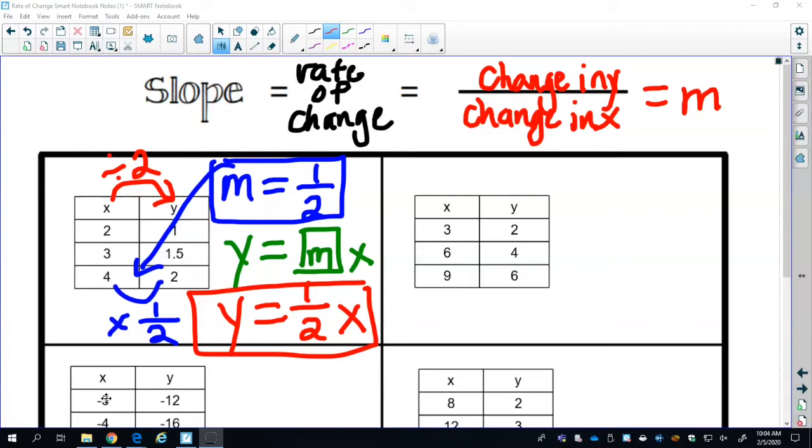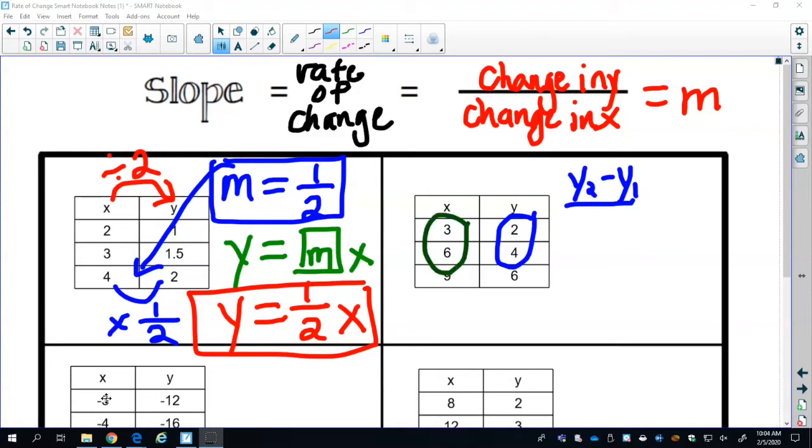So the way we do that is we take two different y values. See the change in y? So I'm going to take two different y values. So I'm going to take these two, and I'm going to subtract them. I'm going to find out how much they changed. So it's going to be the second y value minus the first y value over the change in x values.